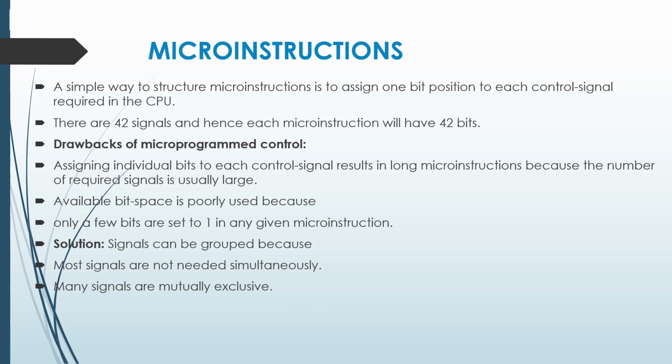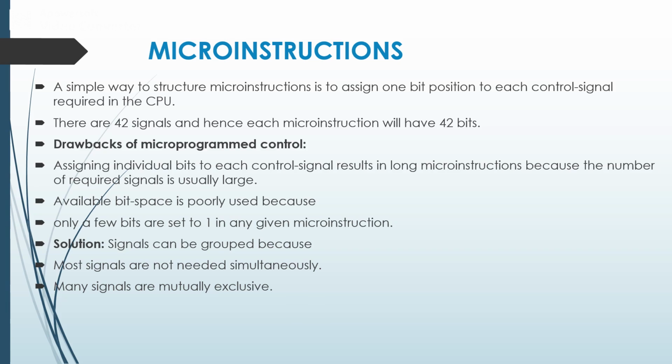The major drawback of the microprogrammed control unit is that assigning individual bits to each control signal results in long micro instructions, because the number of required signals is usually large.